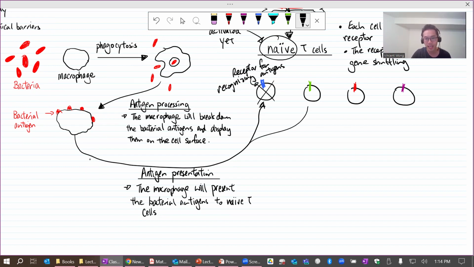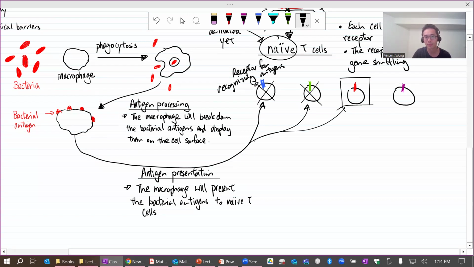So they're going to present to the next one. Do you have the right receptor? Nope, I got the green receptor and we need the red one. So that's not going to work. And then it's going to show to this one. And this one is the chosen one. Okay, that's the selected one. So let me pause there, let you catch up, and then I'll tell you the rest of the story.